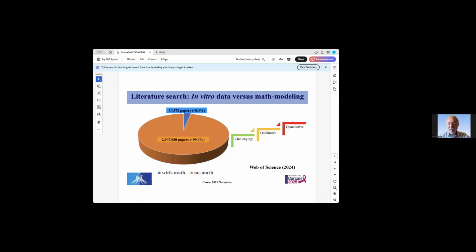However, we have a very effective approach to do this, which is called the least squares fit. And least squares fitting has been around for almost 3 centuries. Despite this, we have a very small fraction.